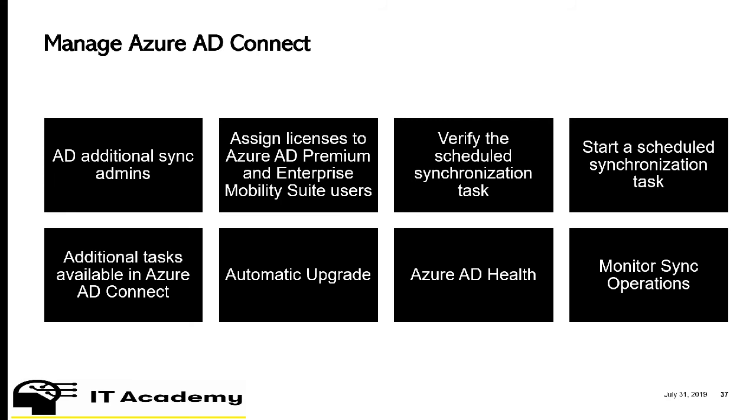Maybe we want to be able to schedule synchronization tasks, like when we do password writeback or how frequently we replicate user objects across. We can manually start a synchronization task in there as well. So if we've just done, say, a bulk user creation job either in Azure AD or in AD domain services, we can tell it to perform a synchronization straight away.